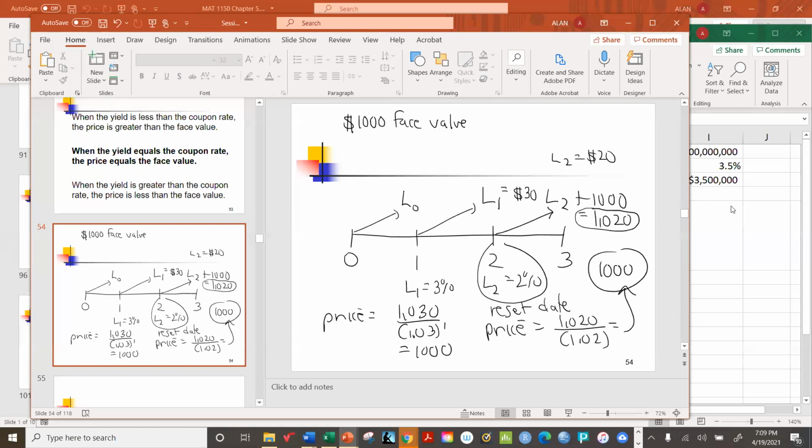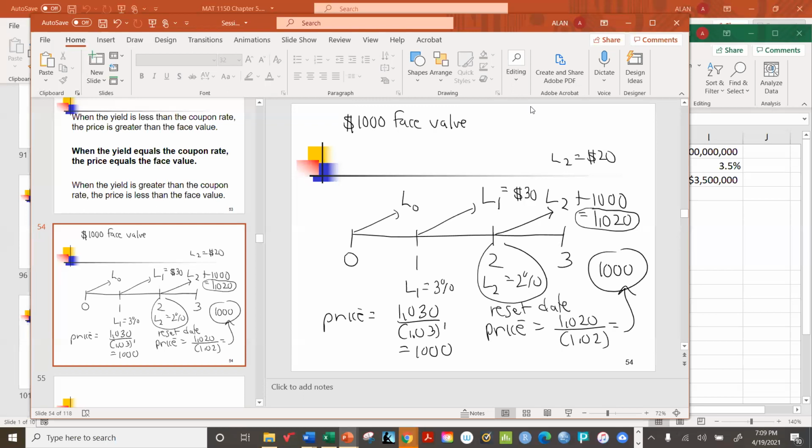Professor, just a clarifying question, if you don't mind. L1, L2, these are the LIBOR rates, right? That's correct. That's my own notation. L1 means the LIBOR rate that applies on date 1. L2 is the LIBOR rate that applies on date 2. So these are 1-year LIBOR rates.